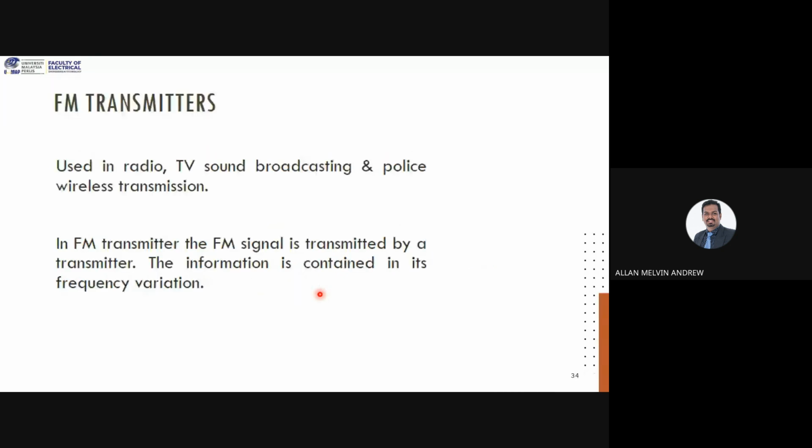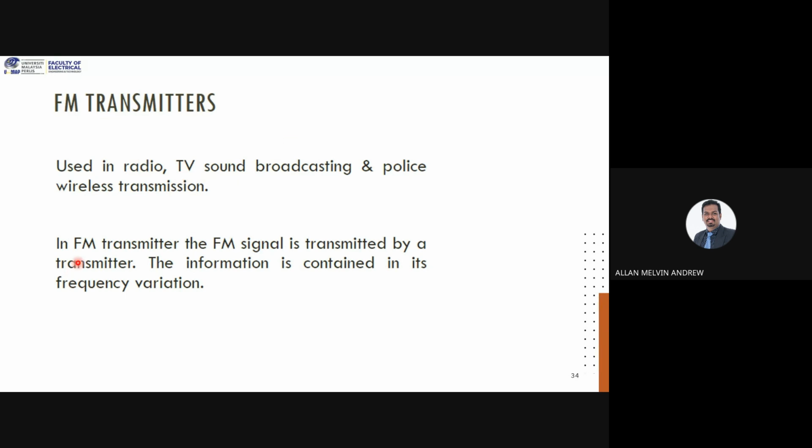Usually we use frequency modulation transmitters in radios, TV sound broadcasting, and police wireless transmission. When we need broader spectrum and more stable communication, we will use FM transmitters.